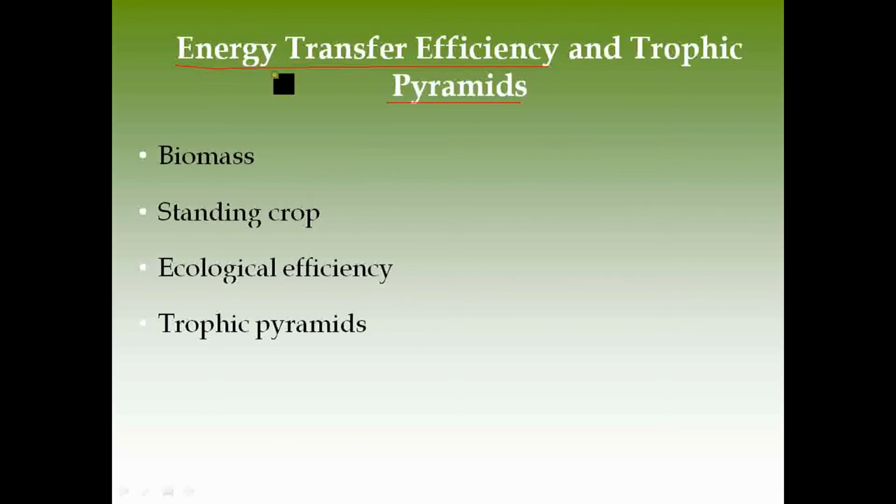It's not just energy. The same 90-10 rule applies to the amount of physical tissue that's in the ecosystem. That's called biomass. Biomass is the amount of actual living tissue in the ecosystem.